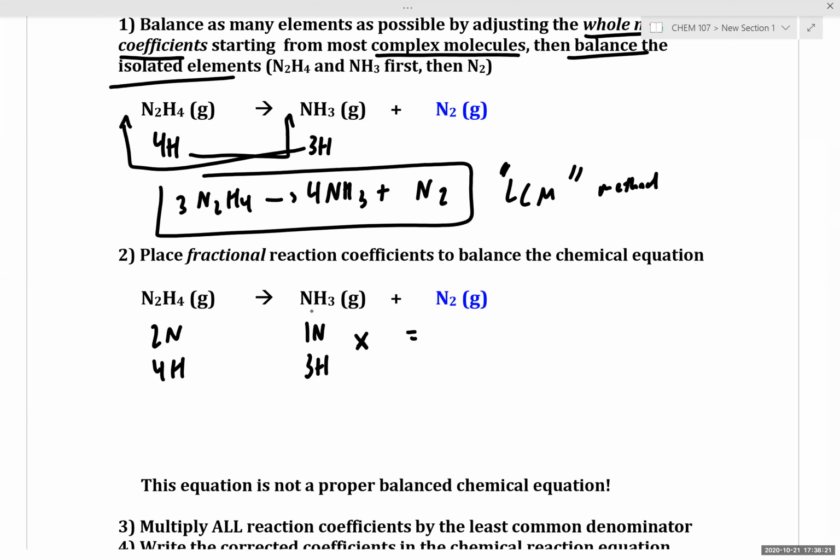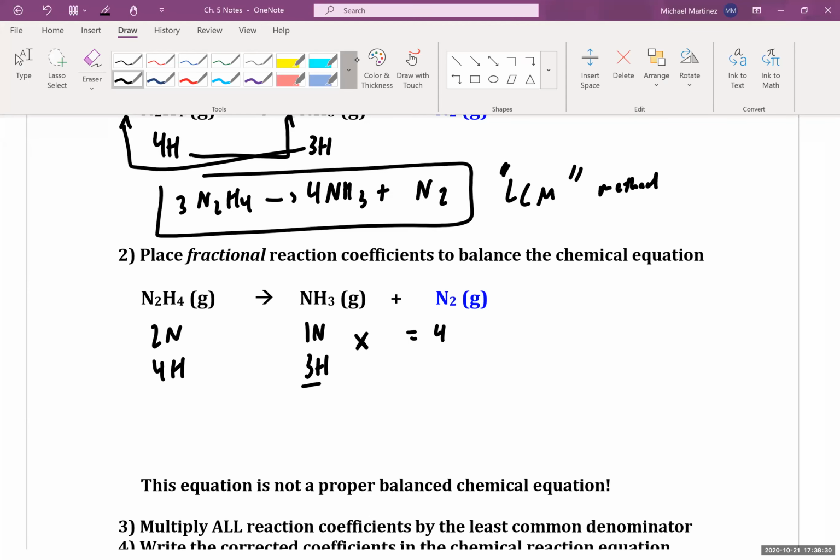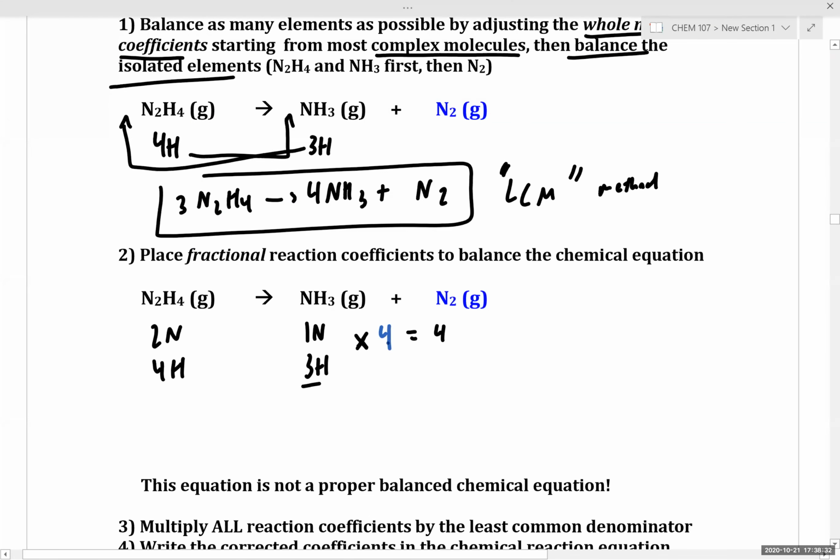Okay, so what times 3 would give us 4? We'd guess a coefficient of 4/3. And the trick for guessing a fractional coefficient: you put what you want on top, you put what you start off with on the bottom.